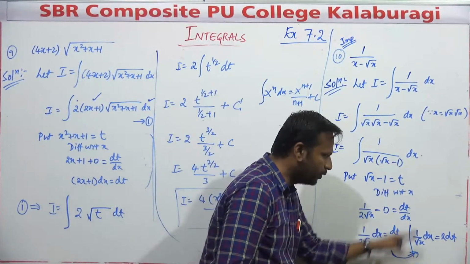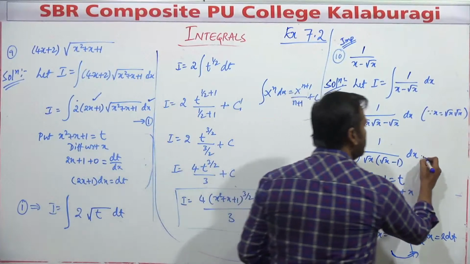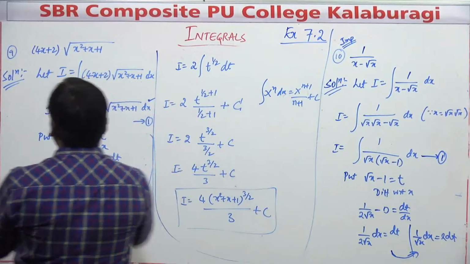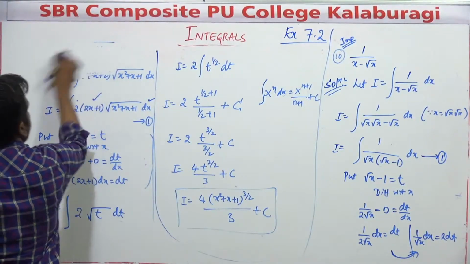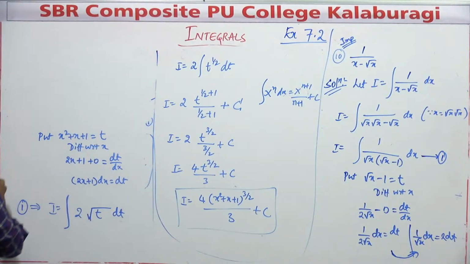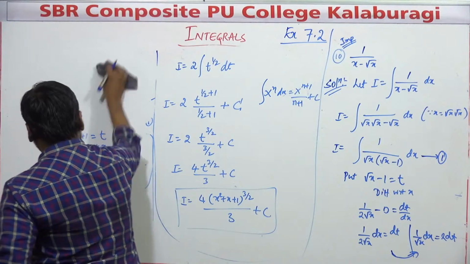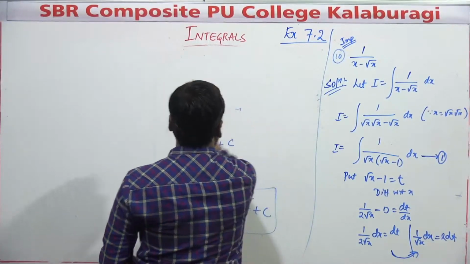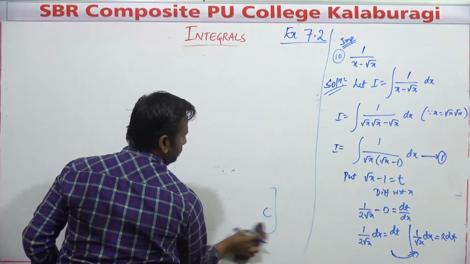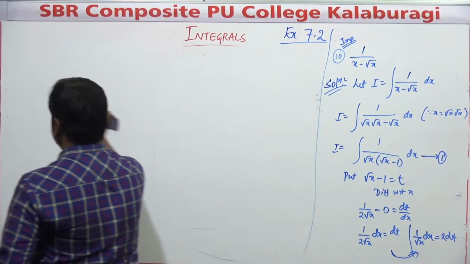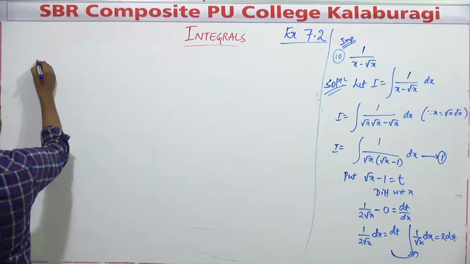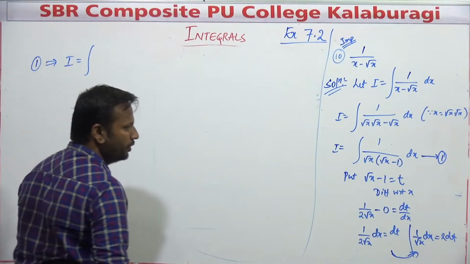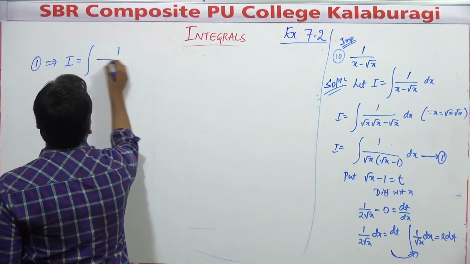Right? So substitute all these things in this equation 1, students. What happens? Equation 1 implies I equal to integration of 1, the numerator is 1, divided by.